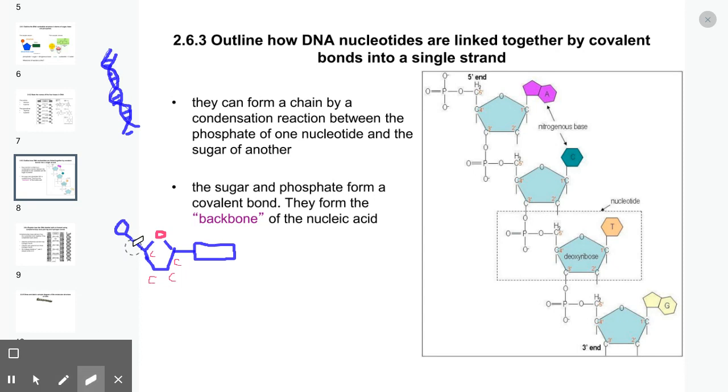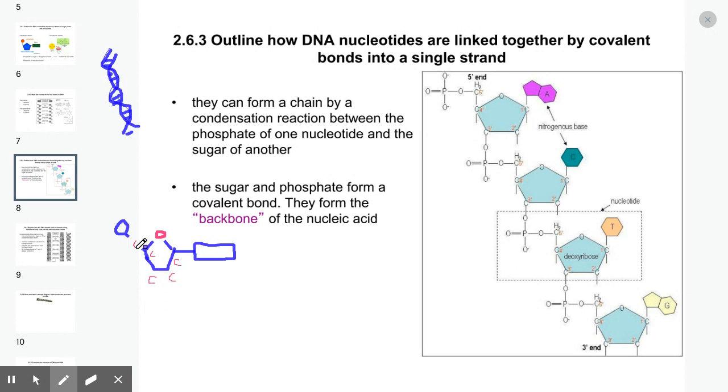So let's erase that and write a little carbon there. There's a carbon here that's connected to this carbon, and then eventually to our phosphate molecule. Now, these carbons are numbered. This is carbon 1, carbon 2, carbon 3, carbon 4, and carbon 5. And that's kind of important.